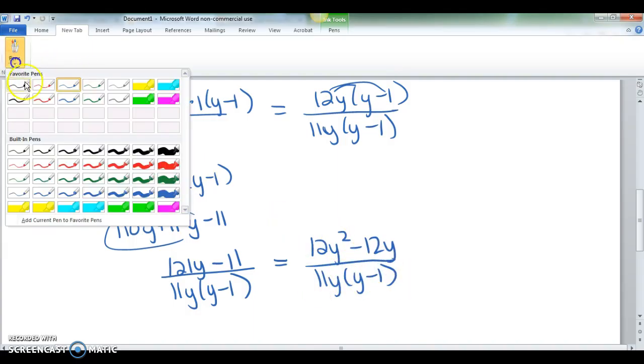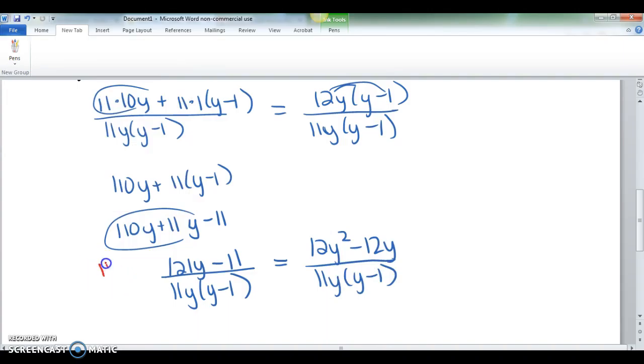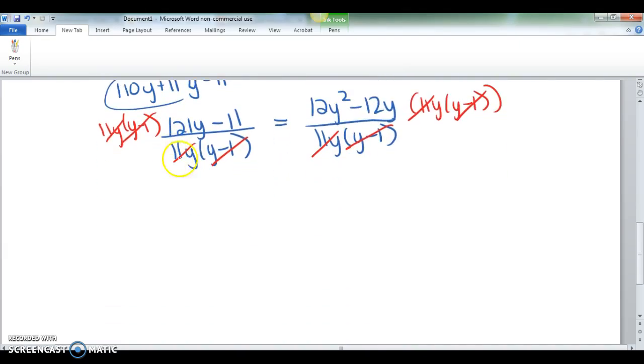Now to get rid of this denominator, let's multiply by 11y(y minus 1) to both sides. So 11y cancels 11y, y minus 1 cancels here. 11y cancels, y minus 1 cancels, so we're just left with 121y minus 11 equals 12y squared minus 12y.